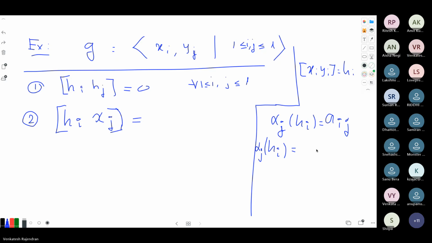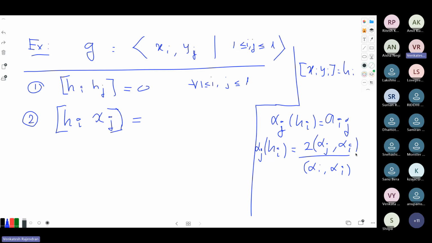So if you think about it, this is exactly 2 times (alpha_i, alpha_j) of alpha_i, which is the inner product. If you use the inner product, then this is twice (alpha_j, alpha_i) divided by (alpha_i, alpha_i).